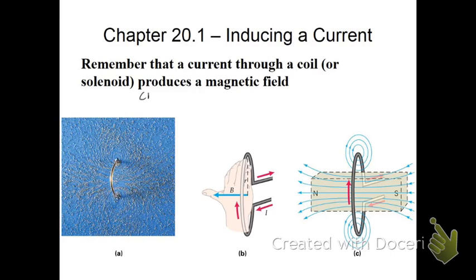We make, create, or induce a magnetic field. All these words are synonymous. If I flow a current through a wire, I'm going to create a magnetic field.